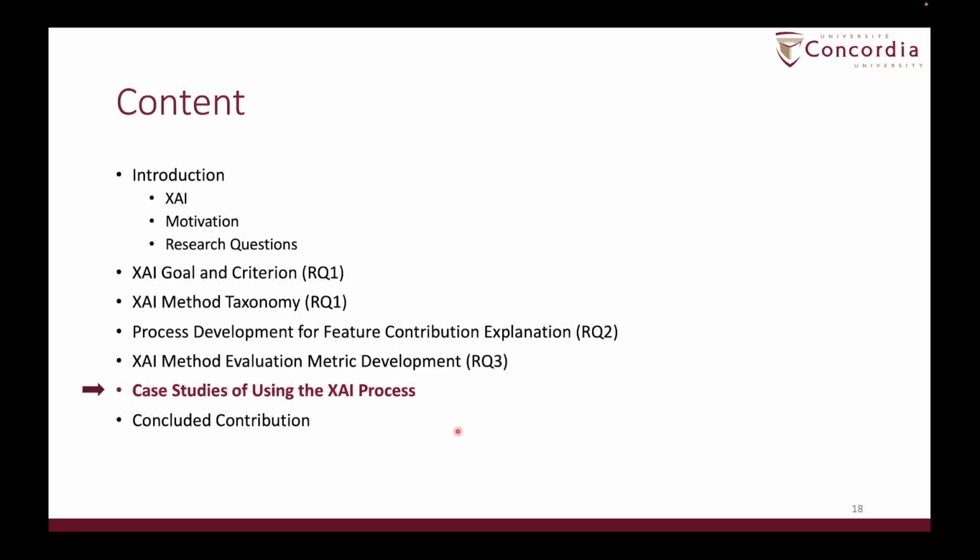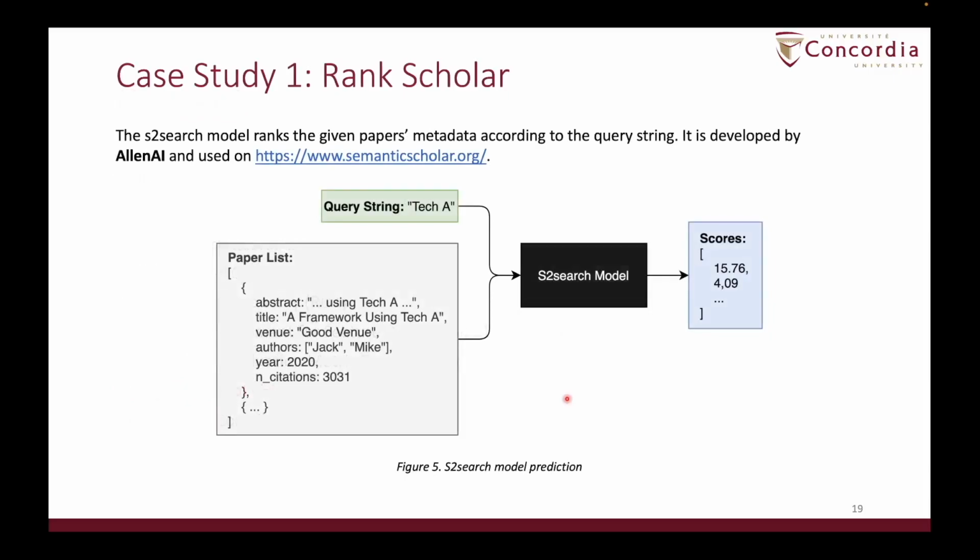And next, I will introduce the case study we used to demonstrate the usage of our defined XAI process. The first case study is that we want to know the feature influence of a model called S2 search. The model ranks the given paper's metadata according to the query string. It was developed by AI2 and used on the Semantic Scholar website.